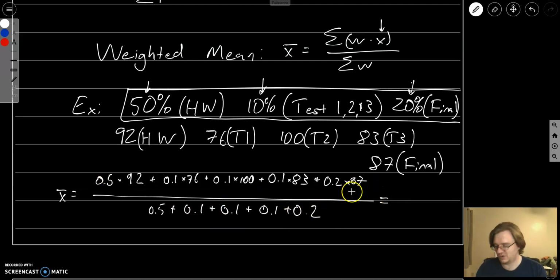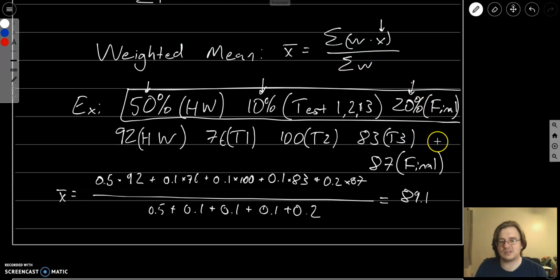So the final score, if I have done everything correctly, will be 89.1. Again, we're just weighting each individual score with the weight that it shows here, and we'll sum the weights. These were cleverly chosen so that the sum of the weights will add up to 1.